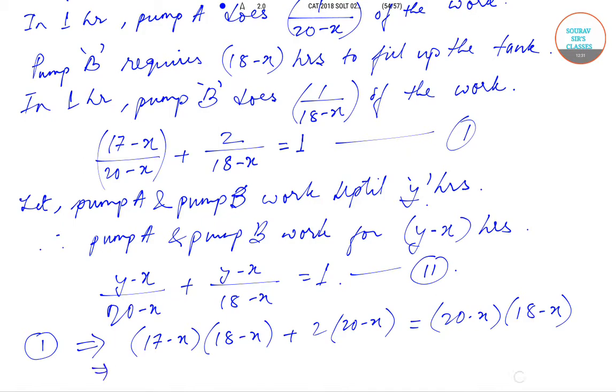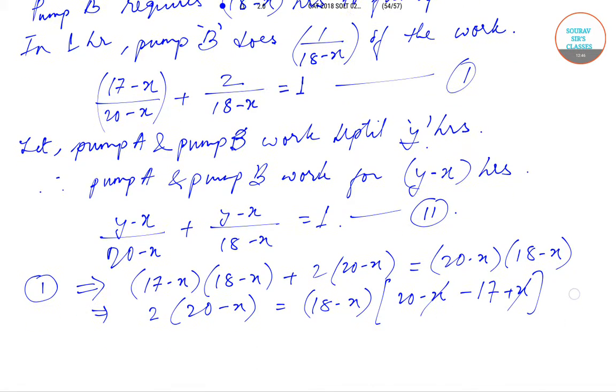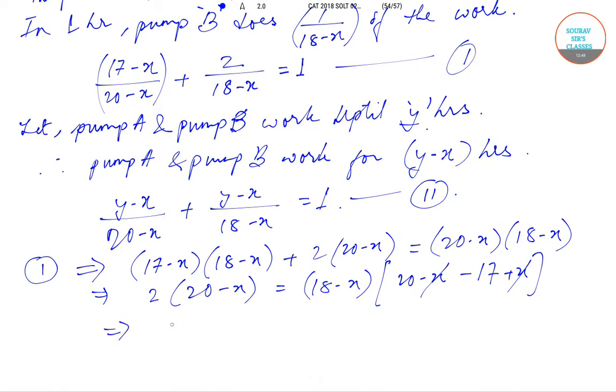If we keep 2 into (20 minus x) on one side, this gives us (18 minus x) into (20 minus x) minus (17 plus x). So plus x and minus x cancel out and we are left with 40 minus 2x. This will be equal to (18 minus x) into (20 minus 17), which is 3, so 3 into (18 minus x), which is 54 minus 3x. So this gives us that the value of x is 14 hours.